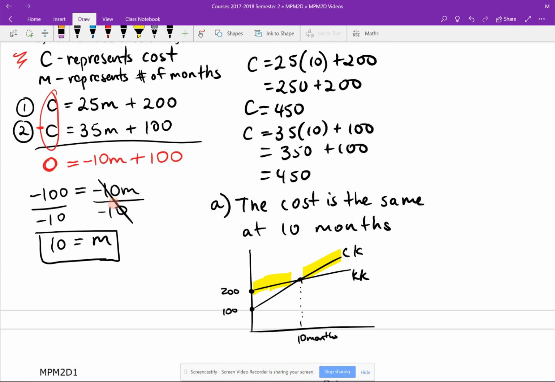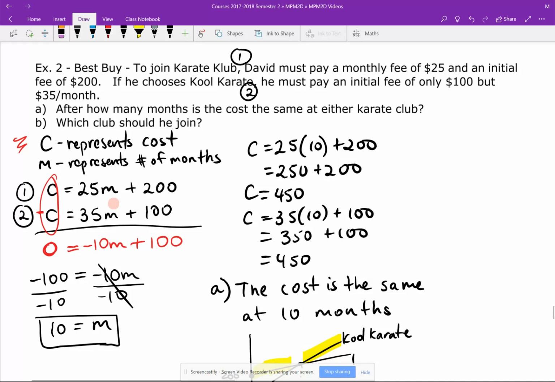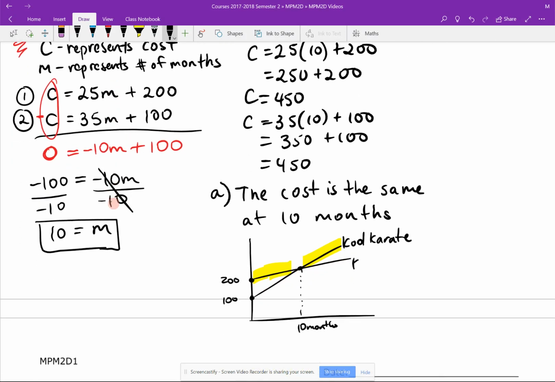So Cool Karate is number two, and I don't want to confuse anyone. This is Karate Club. It has the higher starting cost, and its monthly rate is cheaper. And Cool Karate has the lower initial cost, but a much higher rate for its monthly plan.